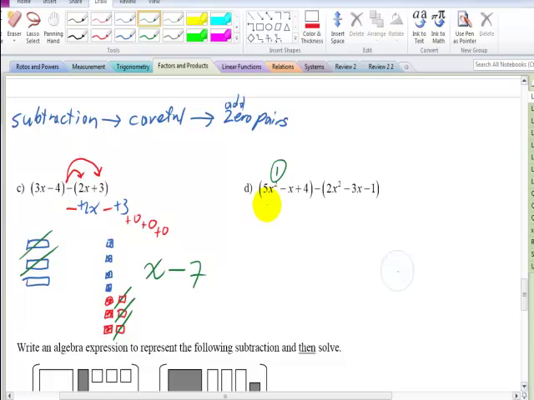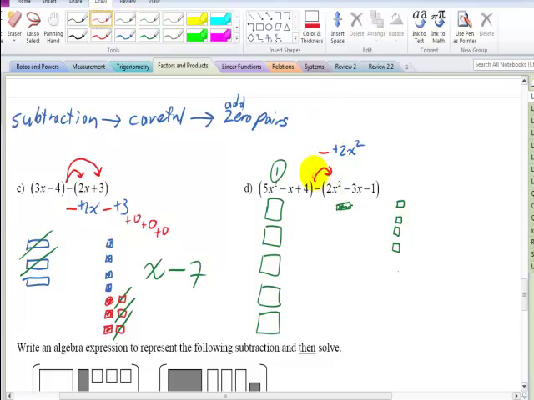Draw the first one. Okay, so we have to take away 2 positive x squareds.